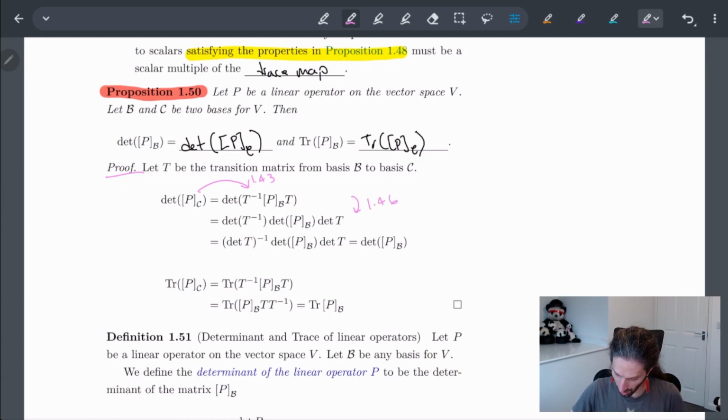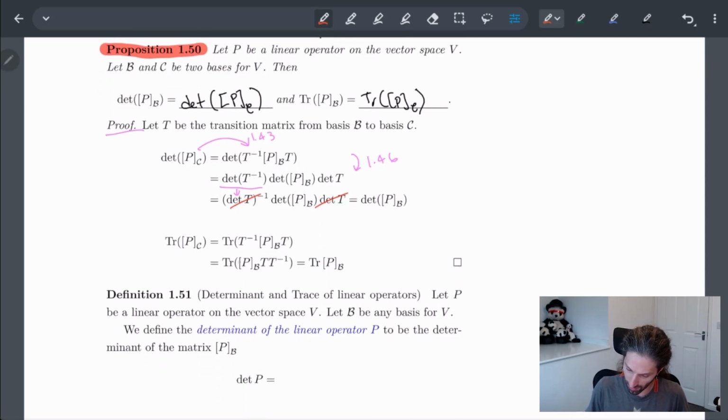Then finally we move this one over, so the trace is going to be its inverse, and this was a little remark we had. Since these are numbers, we can move them around. So these two cancel with one another, these two cancel, and that just gives us the determinant of P_B. The trace is done in a similar way, where we're just using the fact that we can move these two around. So that's a nice easy proposition.